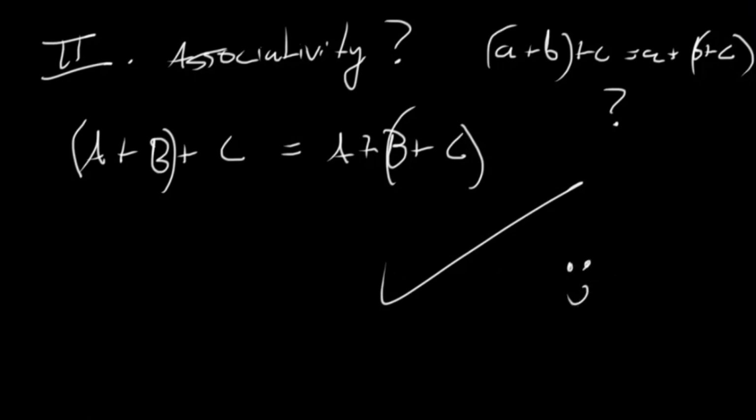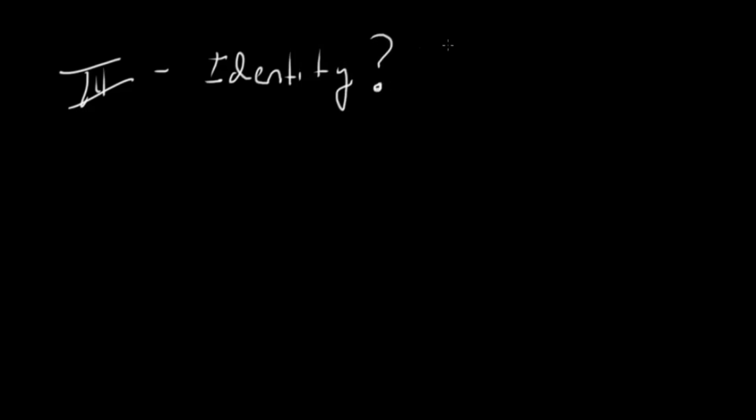Let's go ahead and look at property 3. Is there an identity element? Take a second to think about that. Is there a matrix I that when I add it to A, I get A?